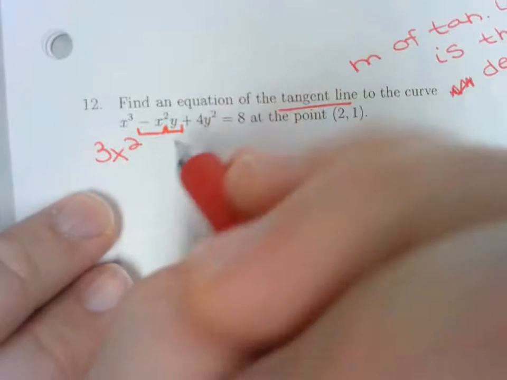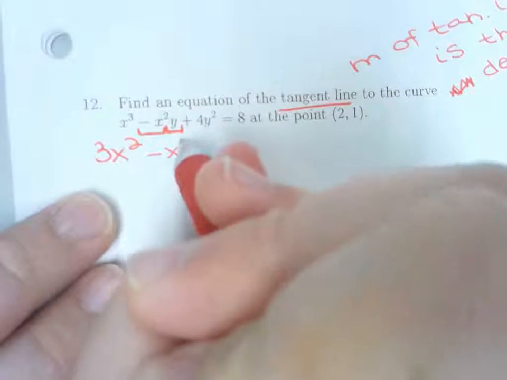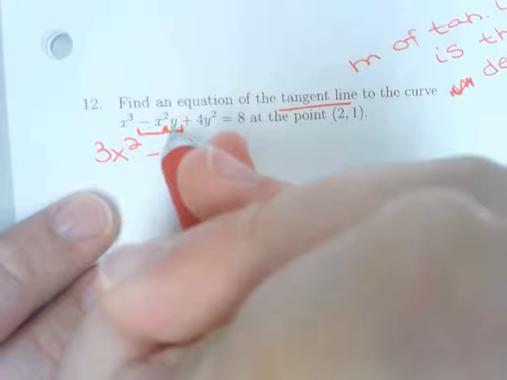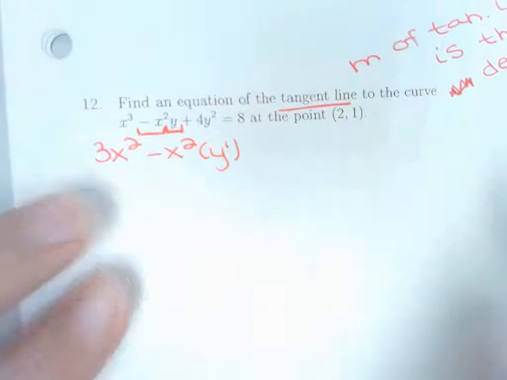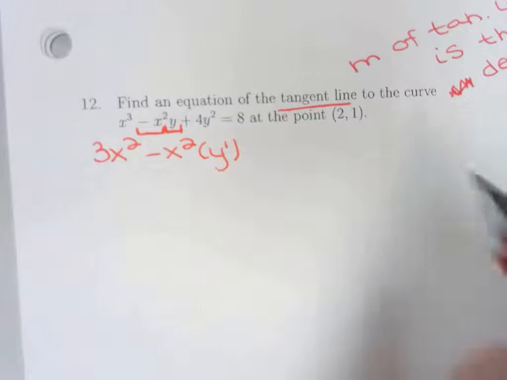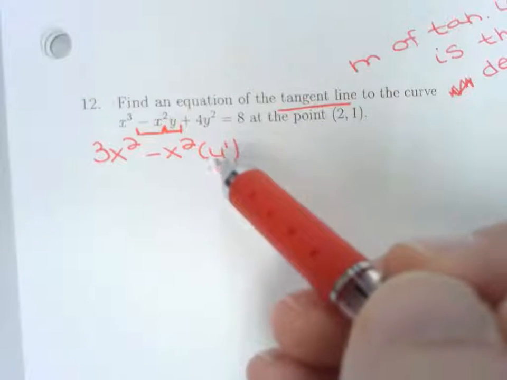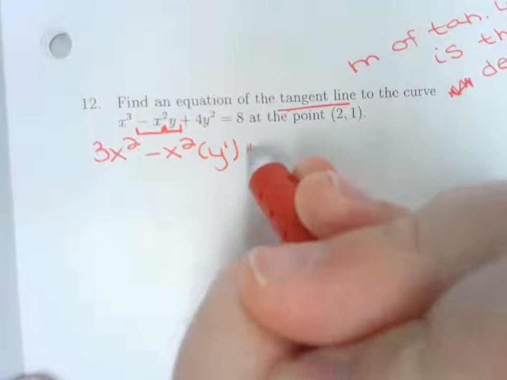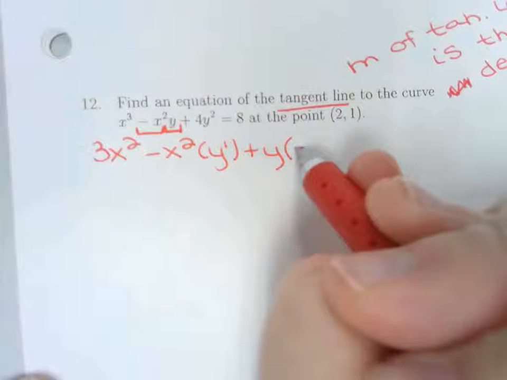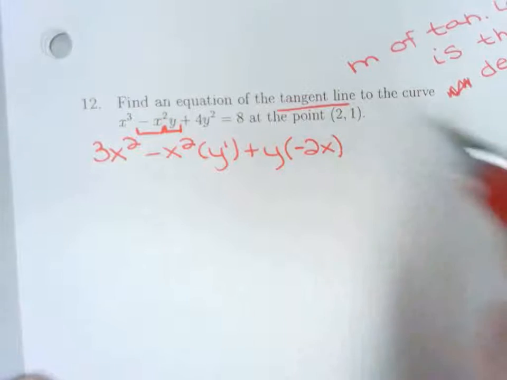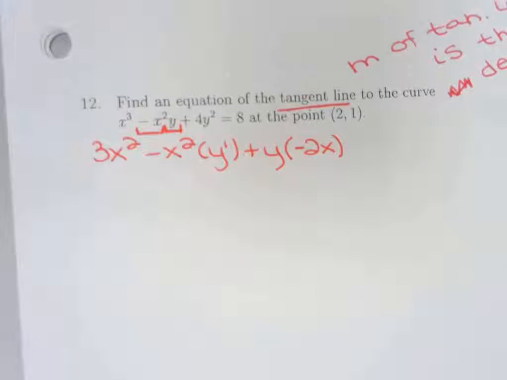So product rule, first, negative x squared times the derivative of the second, which is 1, but you have to put a y prime because I took the derivative with respect to y. So first times the derivative of the second, plus the second times the derivative of the first, which is negative 2x. So I did the x cubed, I did the negative x squared y using the product rule.